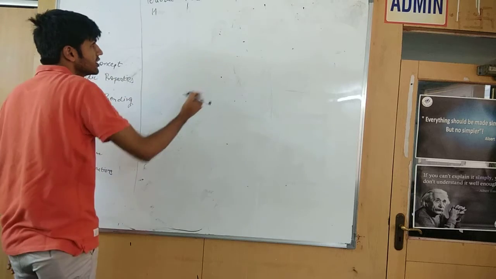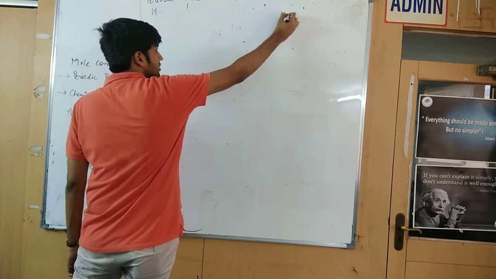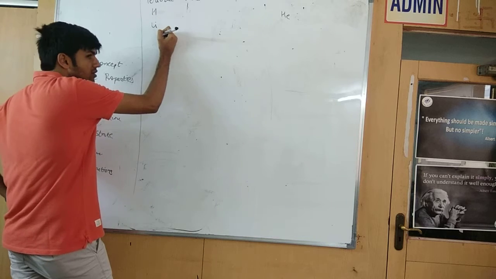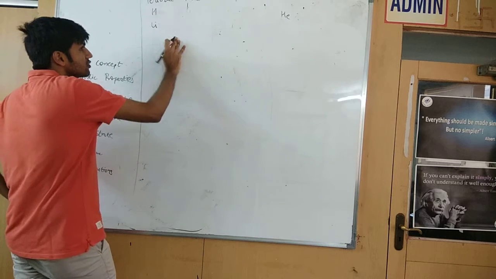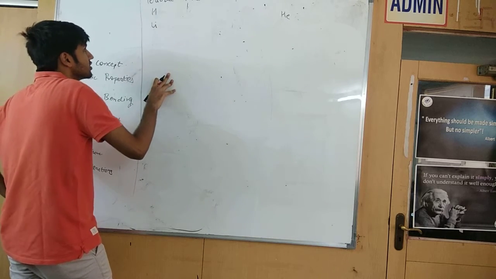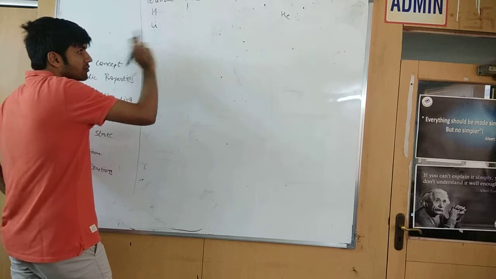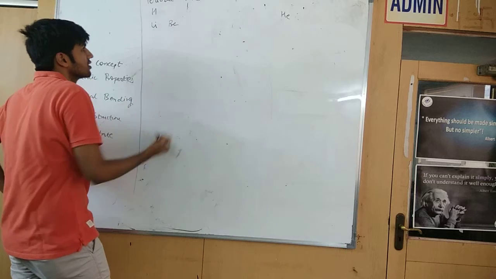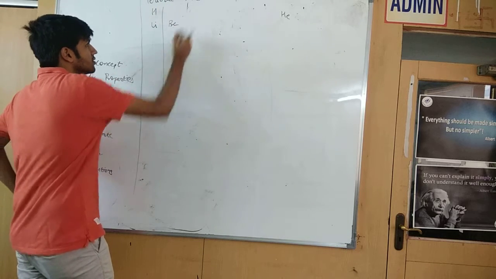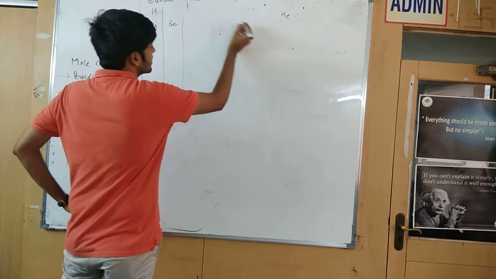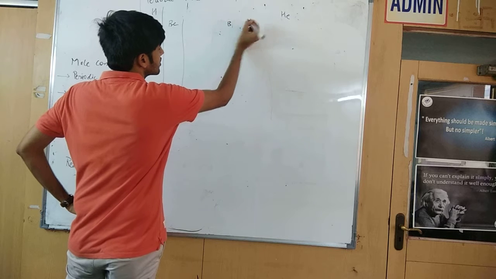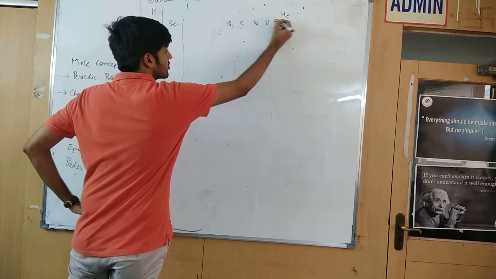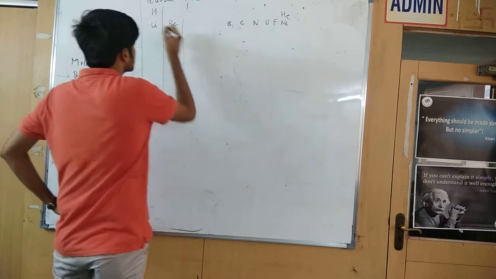So it's hydrogen here, helium. What comes next? Lithium. So hydrogen, helium, lithium. What comes after lithium? Lithium. Yes. And then here comes boron. Carbon, nitrogen, oxygen, fluorine, sodium.